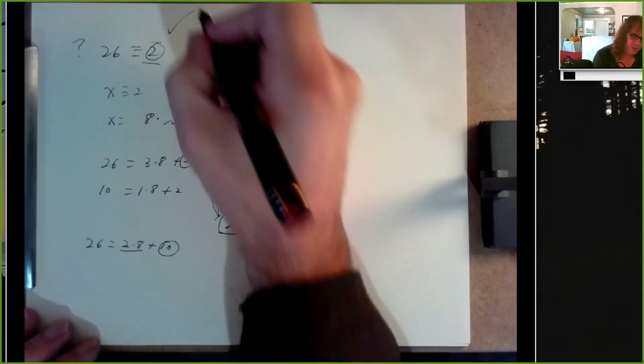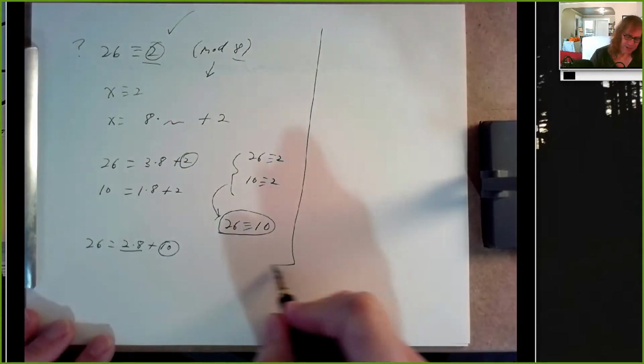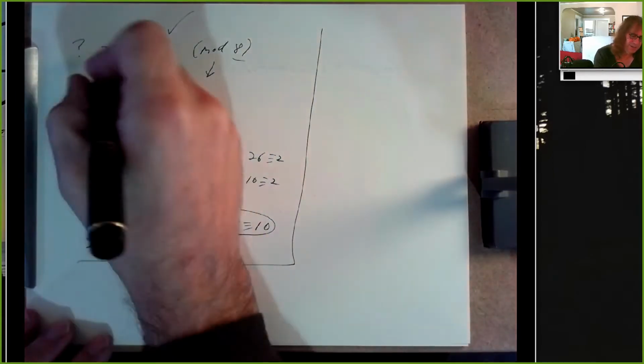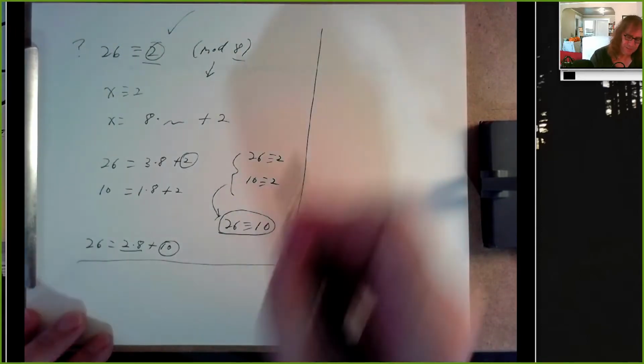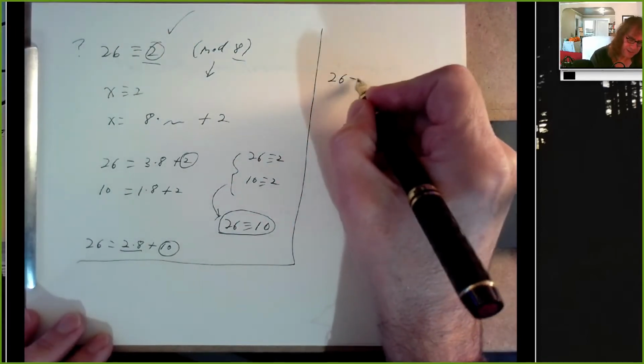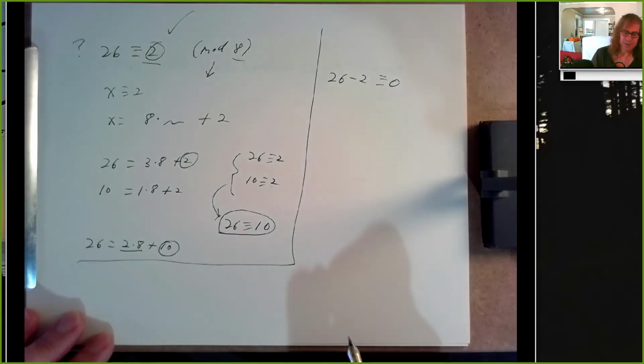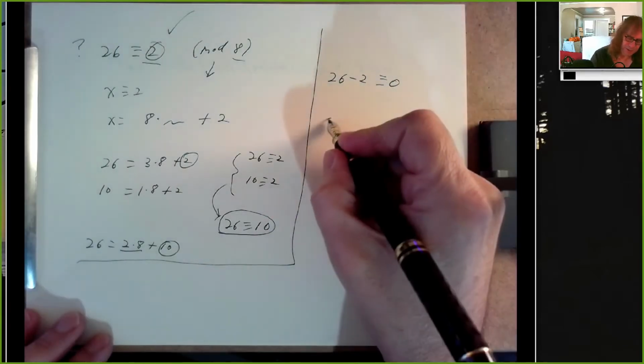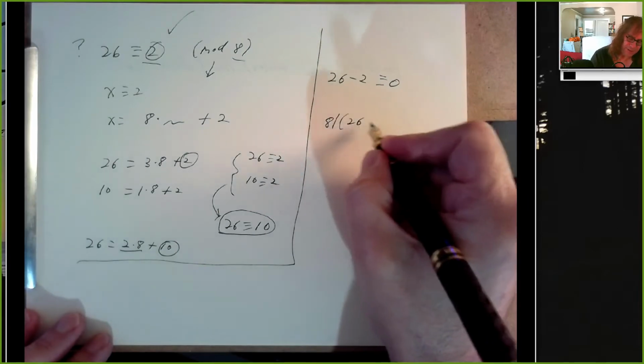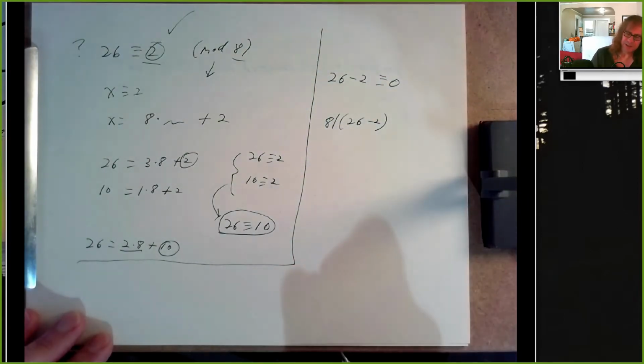So this would be a true congruence, and there's an equivalent expression to say that two things are congruent. We could actually say 26 minus 2 is going to be congruent to 0. In other words, 8 divides the difference of 26 and 2.